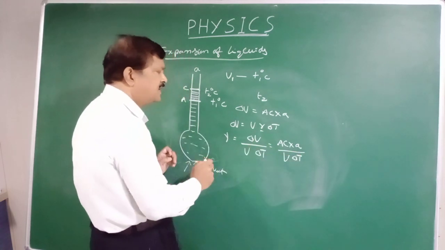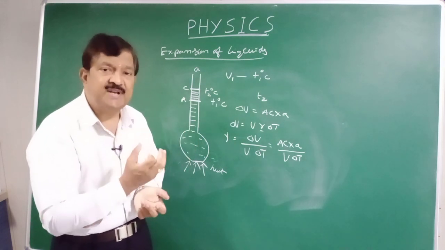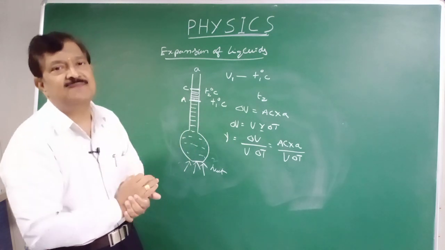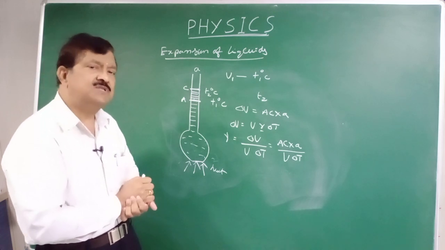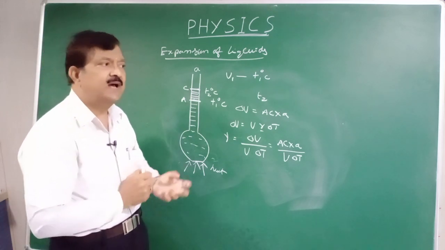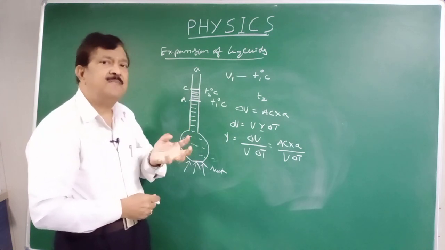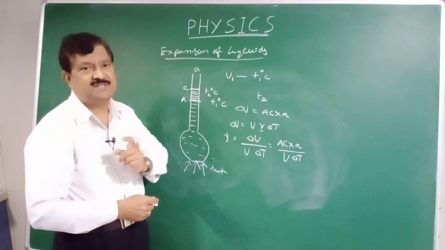Now this is known as the coefficient of apparent expansion. When we study the volume expansion of liquids, as I told you, there are two types of expansion, in the sense that we understand them in two ways.